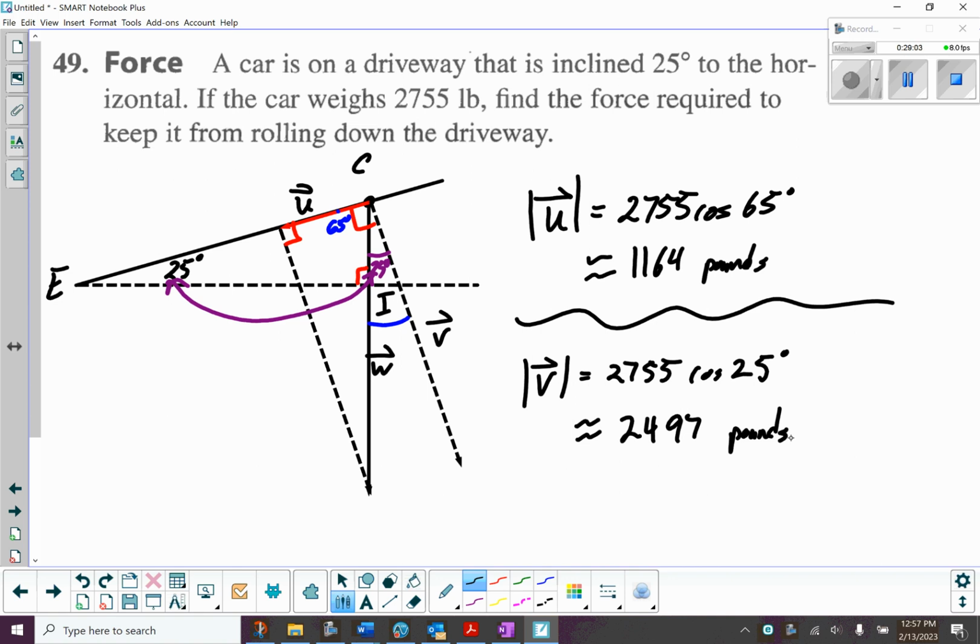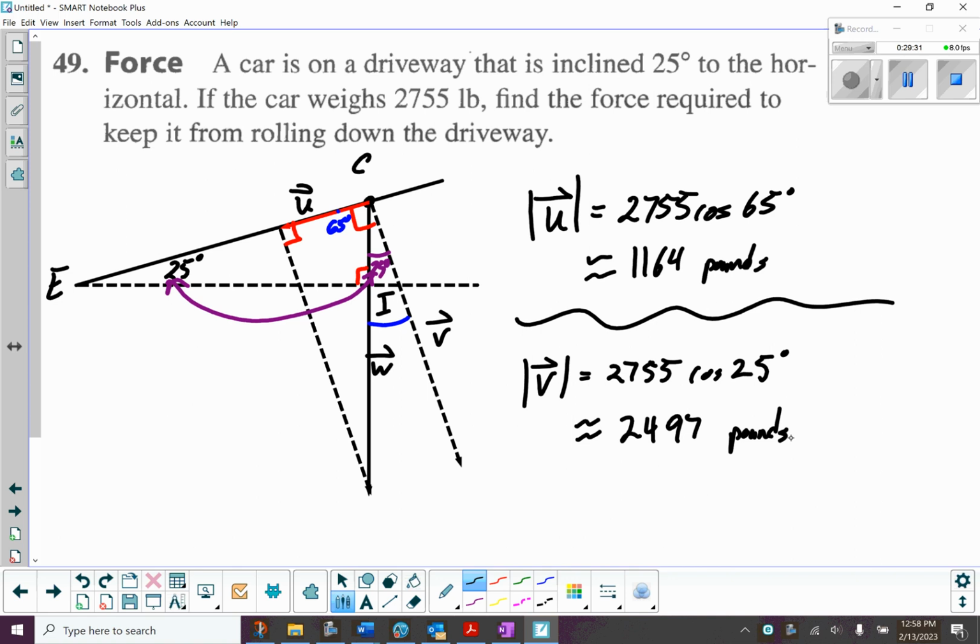So a 25-degree incline is going to put a tremendous strain on the locking mechanism of the tire there. But the weight of the car is pushing down on the driveway with a considerable force. It'd be good if that driveway could stand up to that.